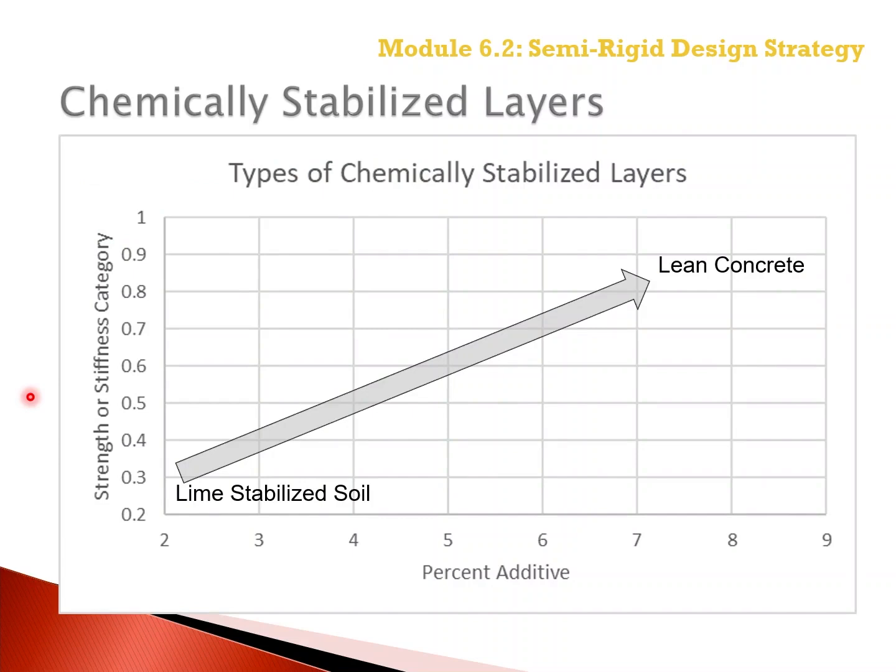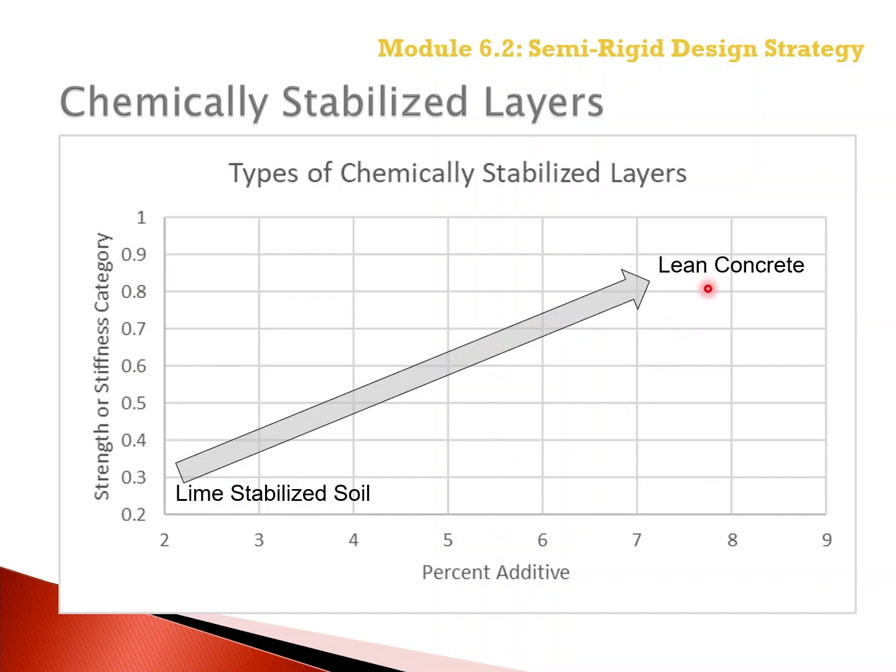This slide simply illustrates in the form of a graph that as the percent additive increases, whatever that additive is, the strength and/or stiffness of the mixed material will also increase, going from a lime stabilized soil to more of a lean concrete.